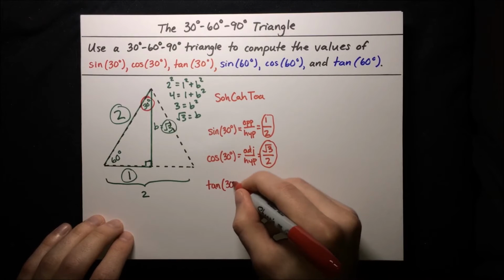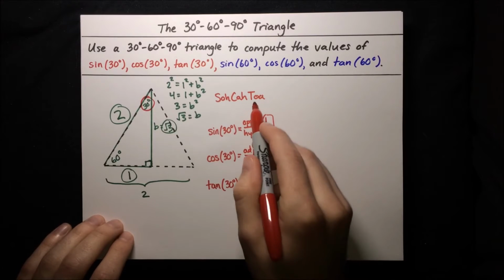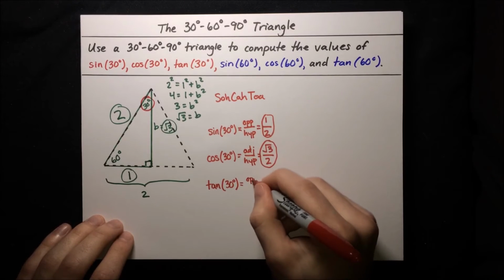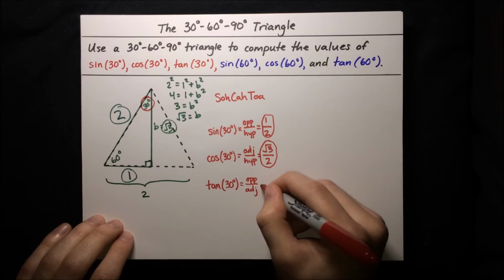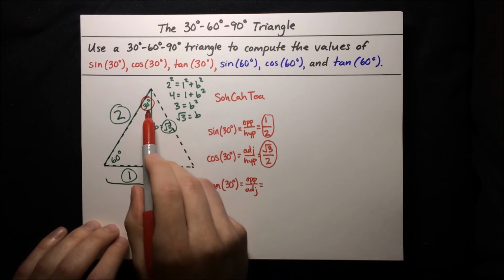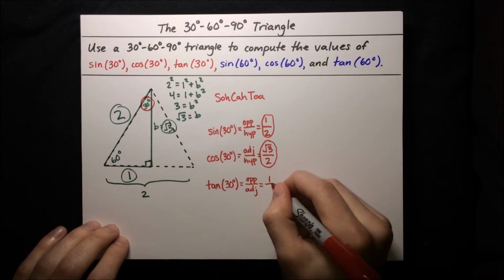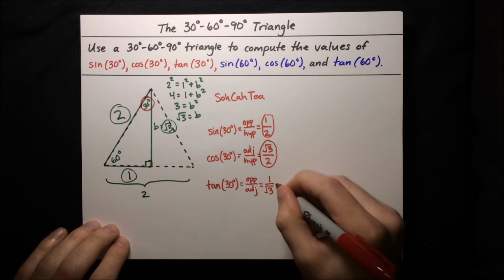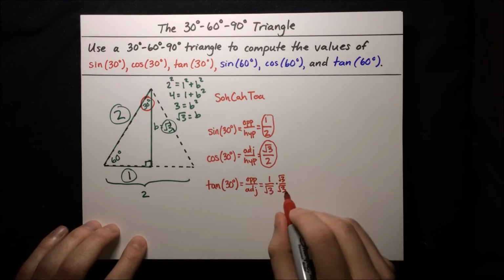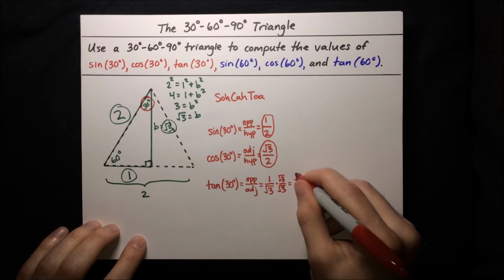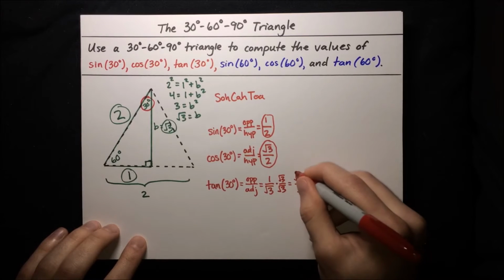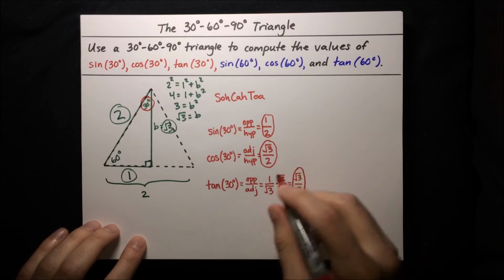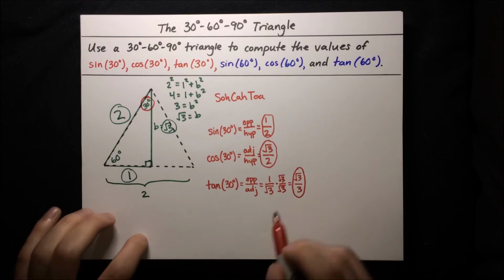Tangent of 30 degrees. Well, tangent is just opposite over adjacent. So we're looking at our triangle, opposite is 1, and then adjacent is root 3, 1 over root 3. We can simplify this a bit, times root 3 over root 3 to rationalize that denominator, and we just get root 3 over 3. So there we go. Tangent of 30 degrees is root 3 over 3.